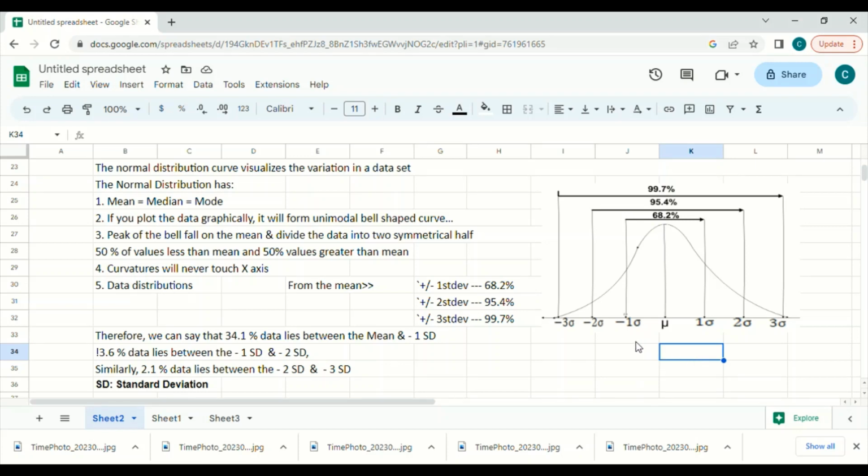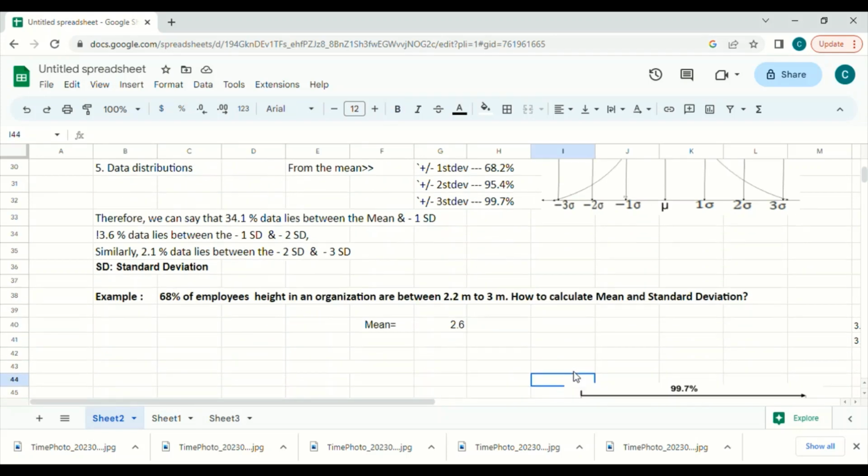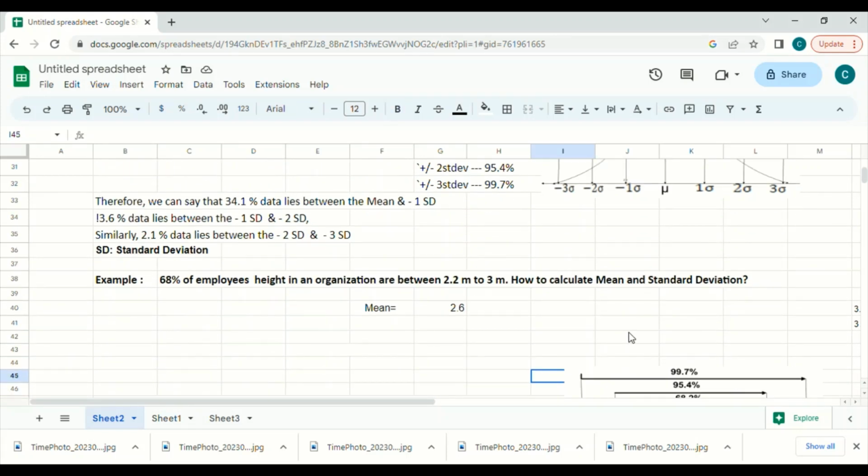Here sigma is the standard deviation, which I have denoted as SD. That means standard deviation. So we can see that 68.2% of data lies between -1 to +1 sigma.